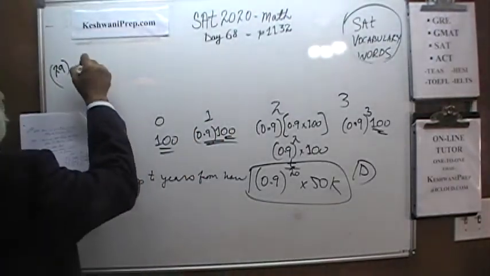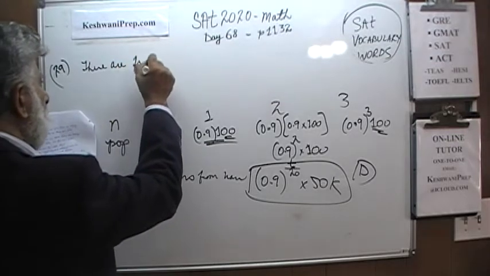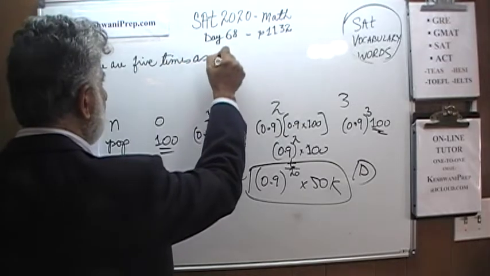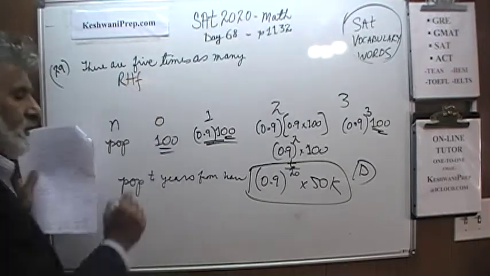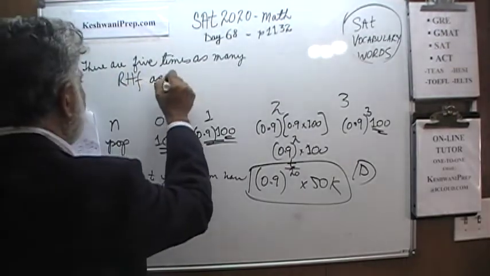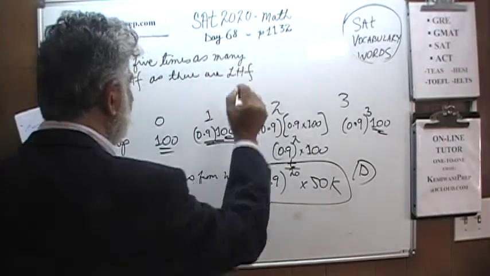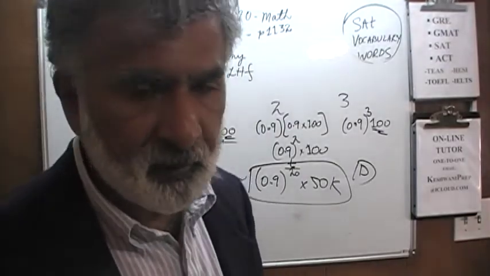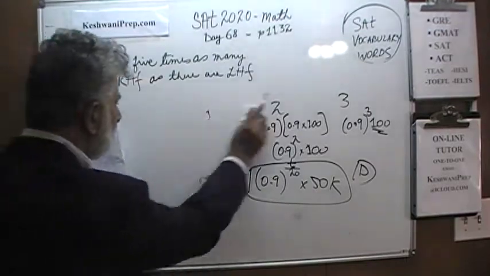We are told that there are 5 times as many right-handed female as there are left-handed female, which makes sense because right-handed people are more prevalent, more common than the left-handed people.